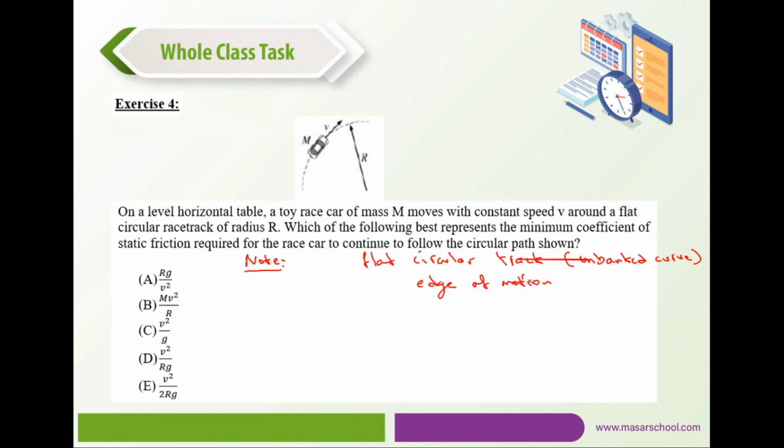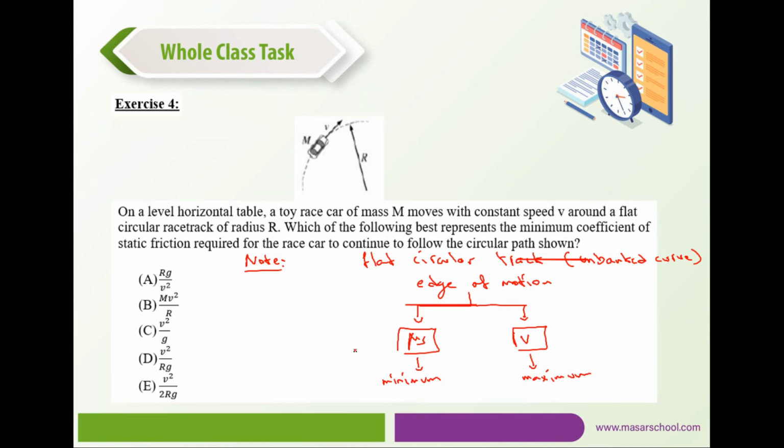We're talking about the edge of motion, the centripetal motion for sure, because the car is indeed moving along a circular track. So we can discuss two factors given by mu s and given by the speed. This coefficient would be the minimum. This speed would be the maximum. Why?